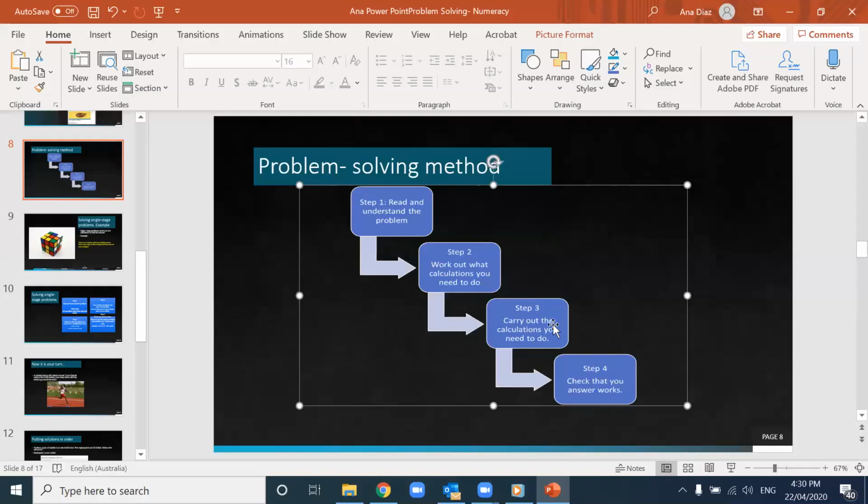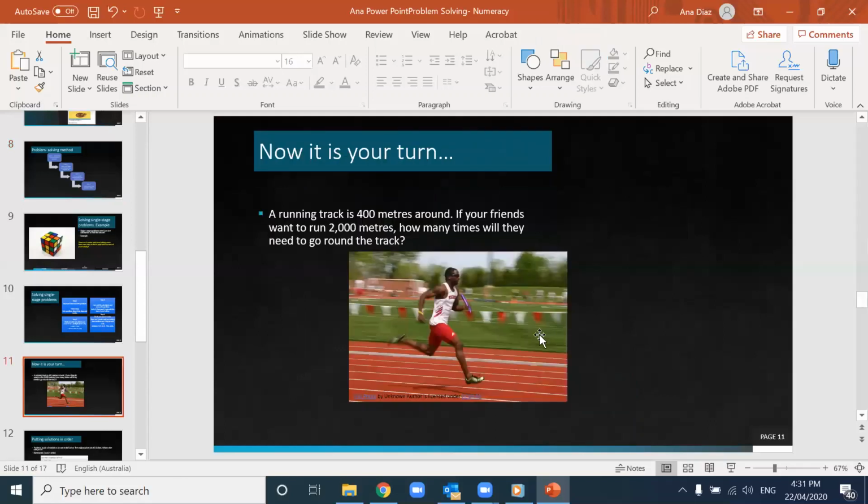So you found out that your friends will need to go around the track 5 times. That's good. We can go back in step 4 and check this problem in a different way, like working backwards. Step 4, 400 times 5 equals 2,000. So this problem works. Well done, guys.